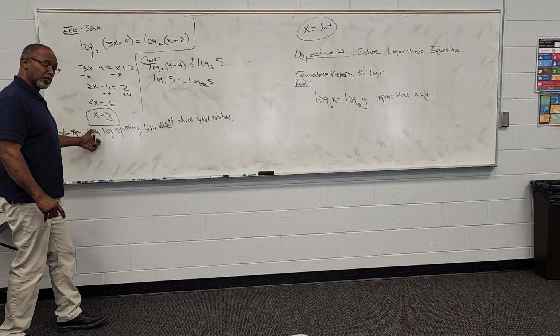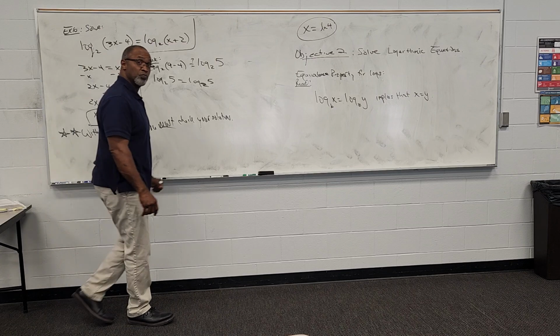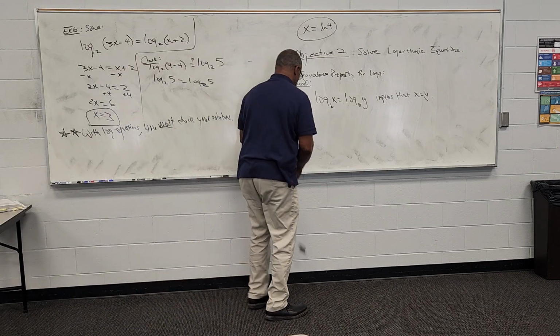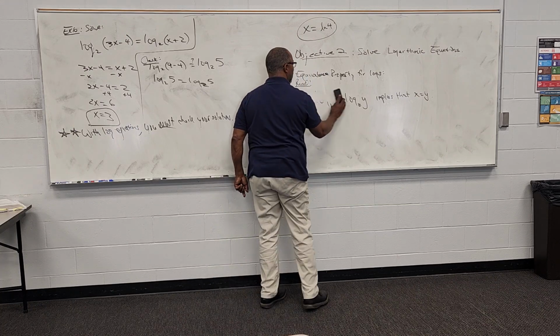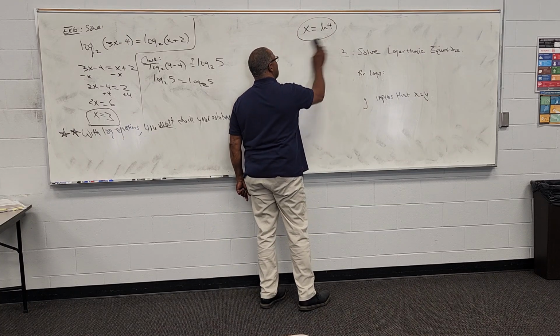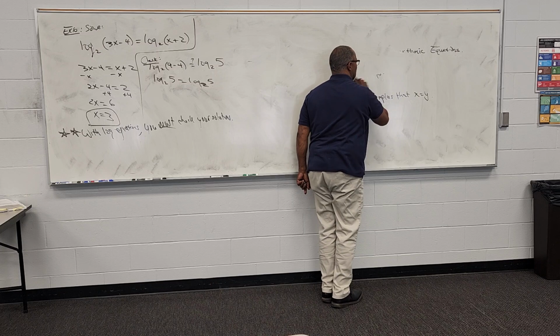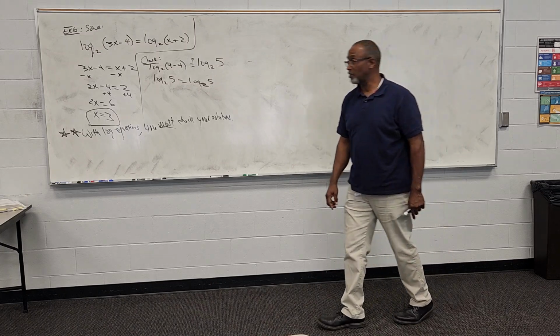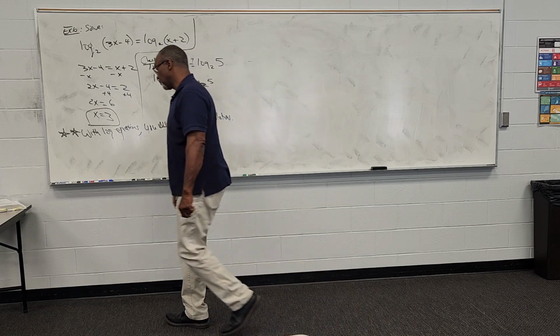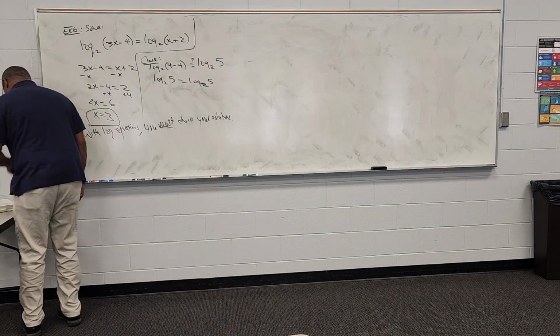But again, this is critical. With log equations, you must check your solution. Because log equations were more restricted. The domain of a log equation was only positive quantities, so when you get your answer, you better make sure you're never trying to take the log of something that's negative or something that's 0. If you are, it's not going to work.